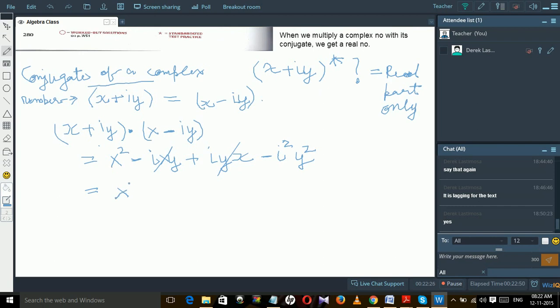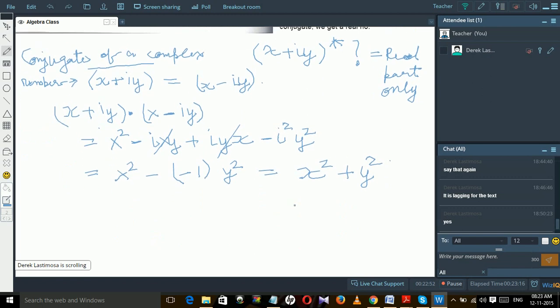So that gives us the remaining part as x square minus minus 1, we know iota square is minus 1, y square. That comes out to be x square plus y square.